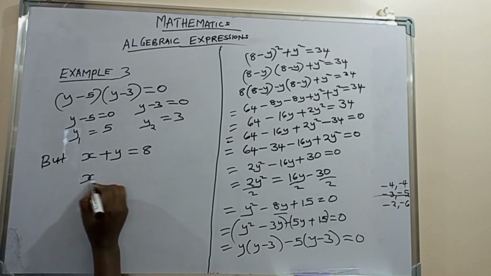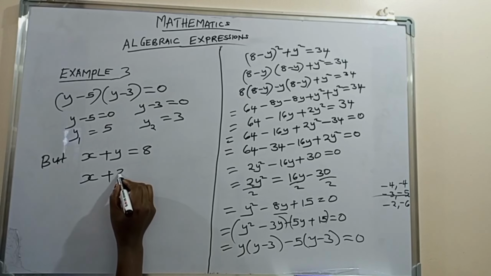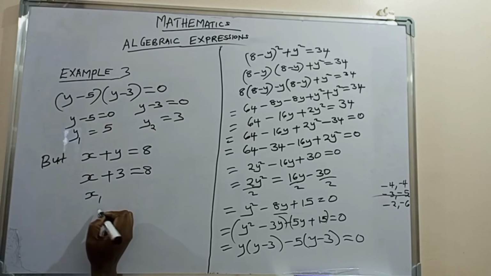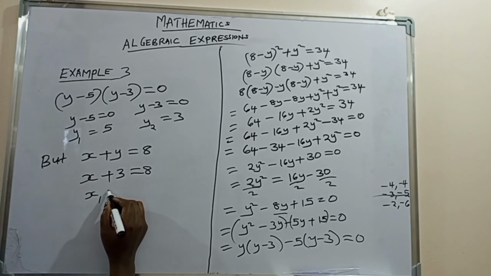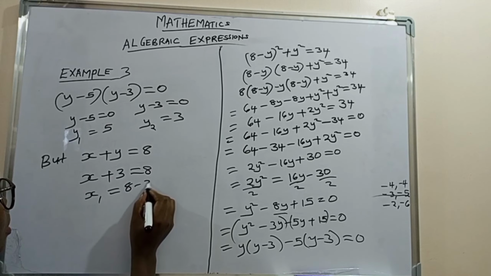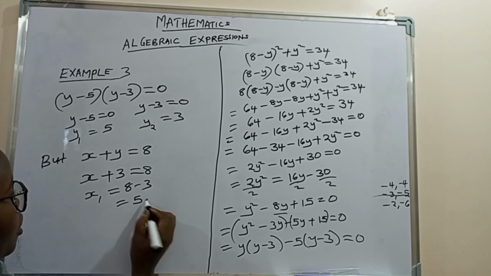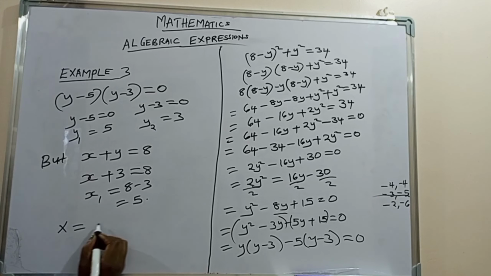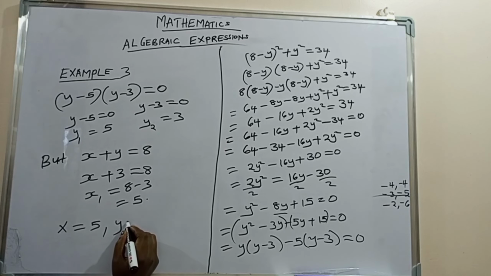So x plus 3 is equals to 8. So our first x is equals to 8 minus 3, which is 5. So the value of x is 5 and the value of y is 3.